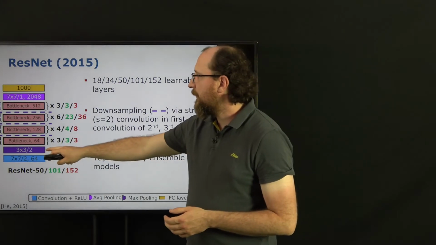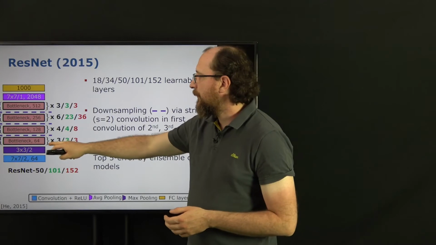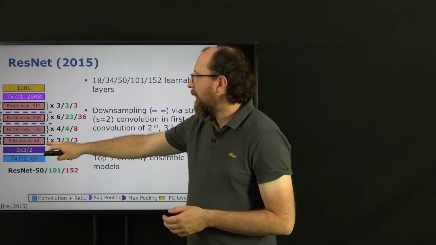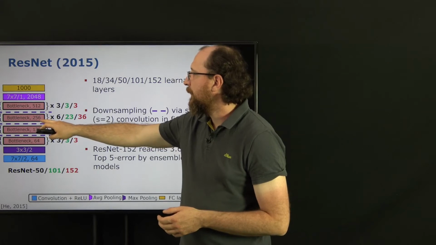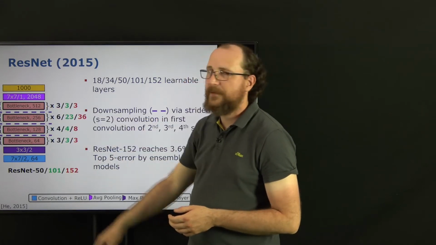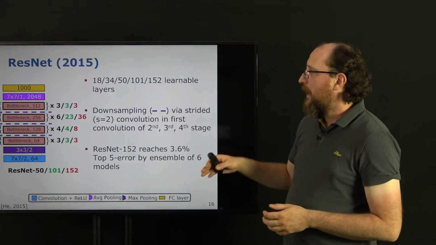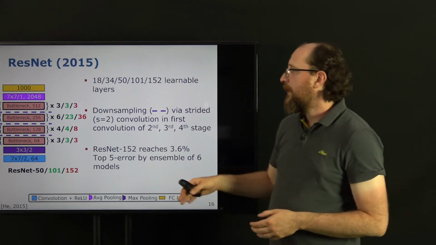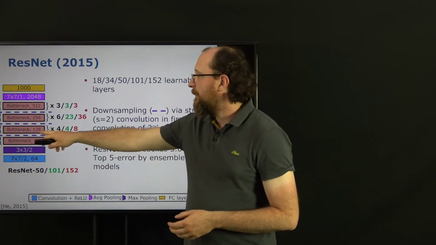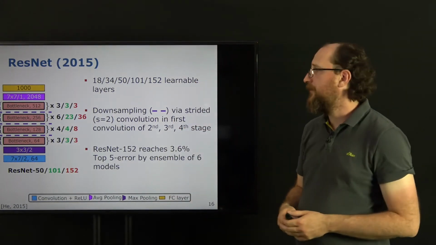We again have the max pooling operation, and then we have these bottleneck layers with the specific numbers of output channels: 64, 128, 256, and 512. So it's the same idea as with the VGG Net: after a reduction of the feature map size, we double the number of channels. This is the idea taken from the VGG Net.